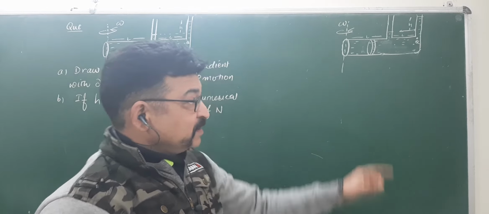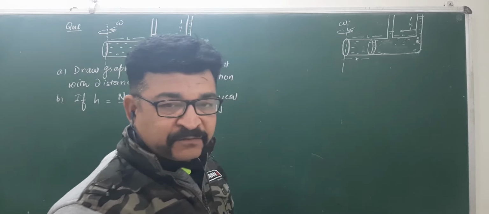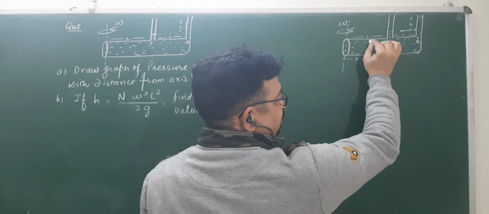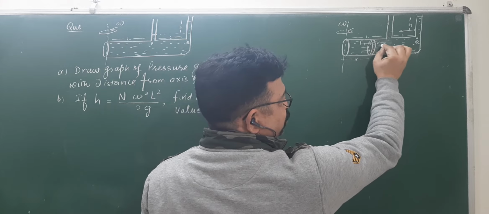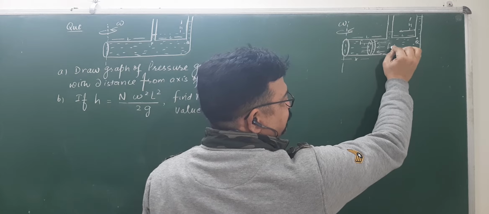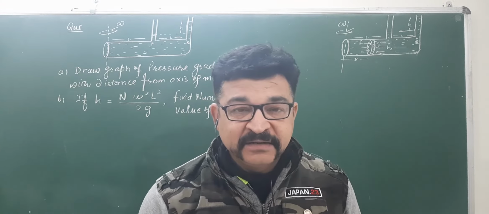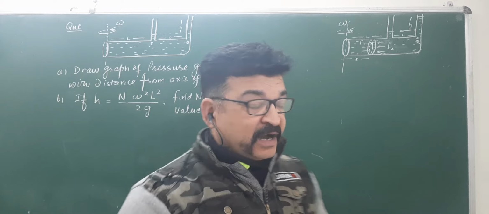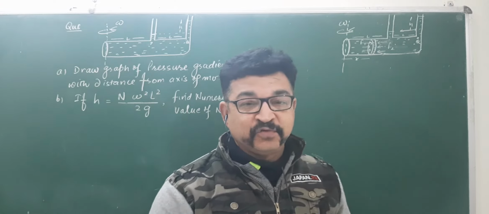I'm taking a very small length of this liquid horizontally at a distance x from the axis. Look at the forces. Suppose the forces of the liquid on this small portion are F1 and F2. As the system is rotating, out of F2 and F1 we need a centripetal force.